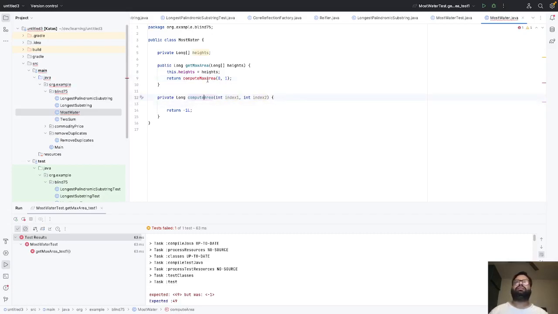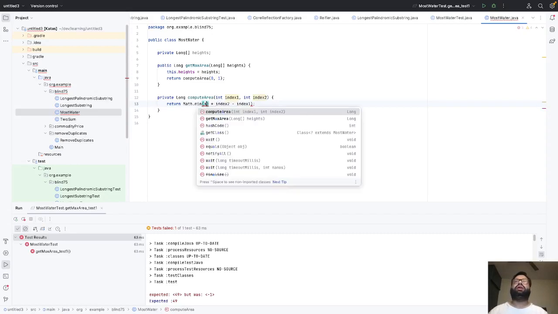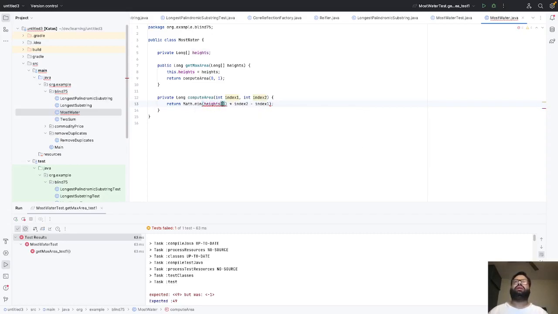Compute area. Return index 2 minus index 1 multiplied by math dot min of heights index 1, comma heights index 2.